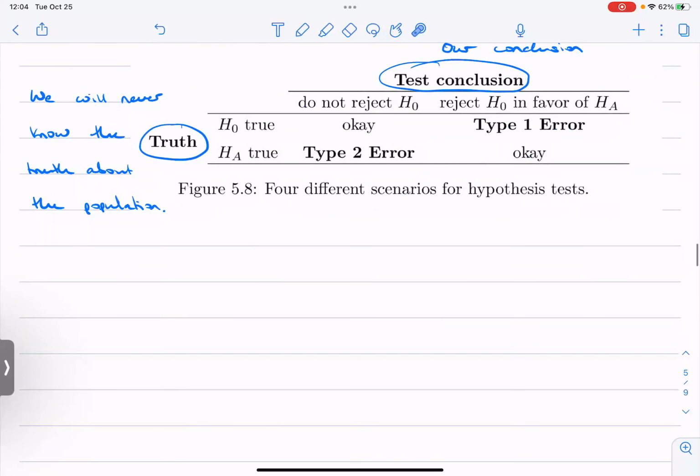Or if you prefer just nitty gritty definitions, I'll give you the briefest one possible. Type 1 error is rejecting H naught when we shouldn't have.